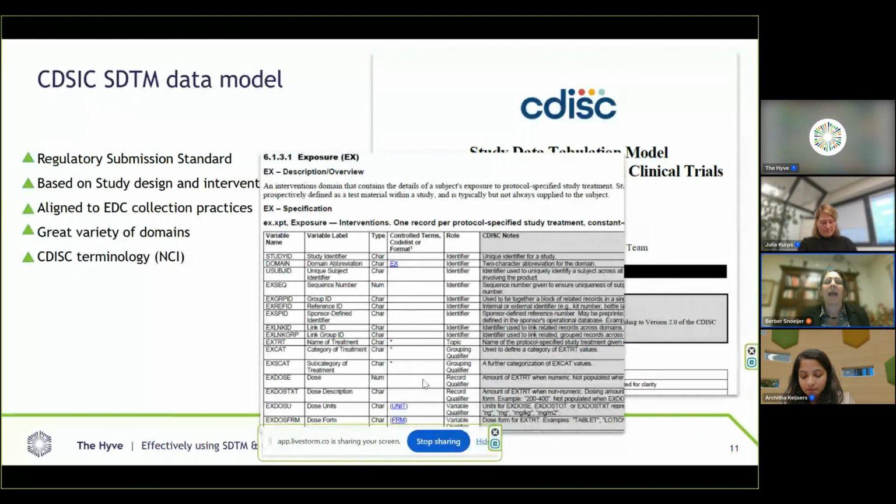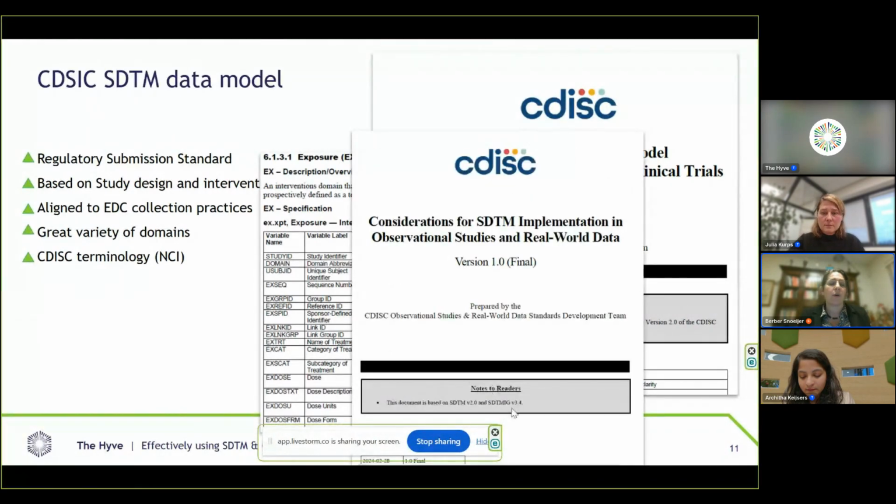Also good to note is that in early 2024 they added a small implementation guide around observational studies and real-world data, which is helpful, but for the future we are also looking into how we can further guide the industry on that.